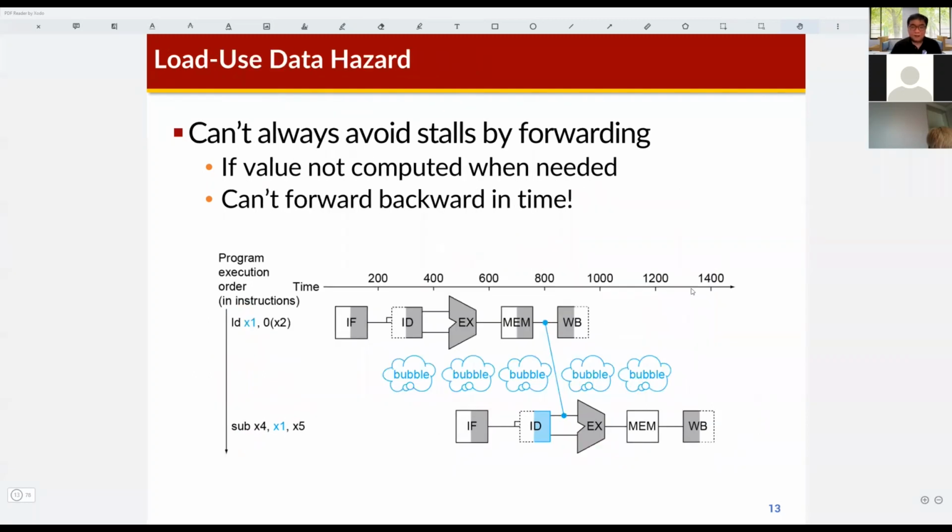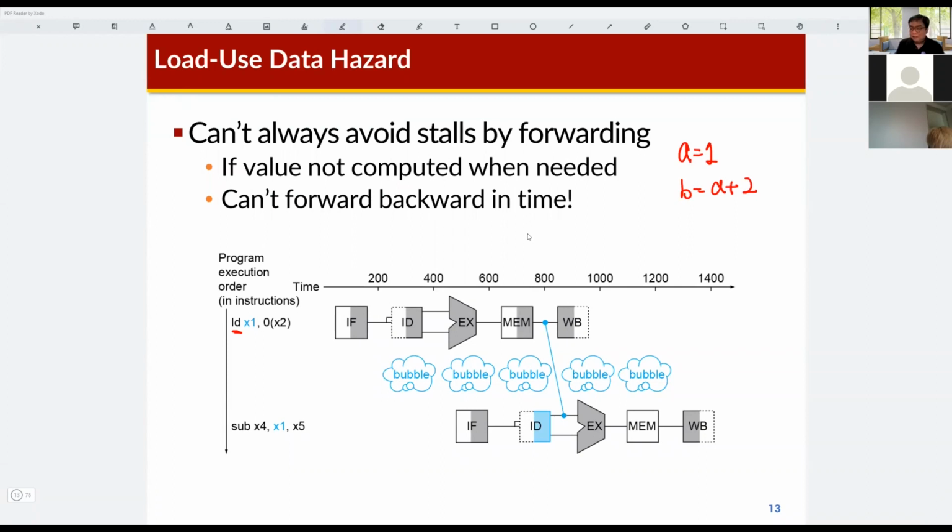Now, how about the load instruction? Data forwarding cannot always be applied. Why? Because of the load instruction. In a high level language, like A equal 1 and then B equal A plus 2.